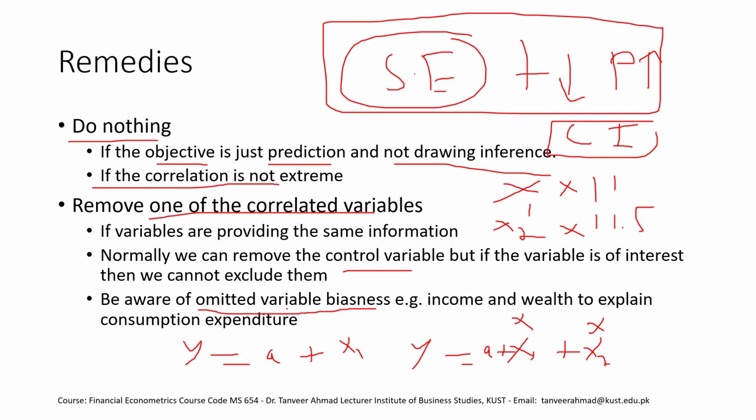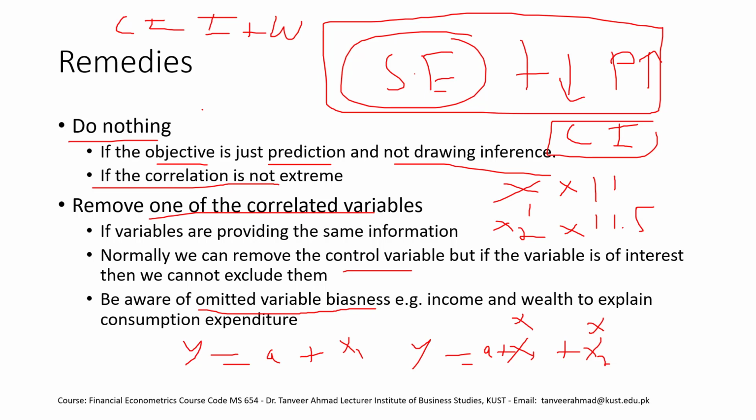So suppose we are going to study the effect of income and wealth on the consumption of a person. The higher the income, the higher the consumption, and the higher the wealth, the higher the consumption.